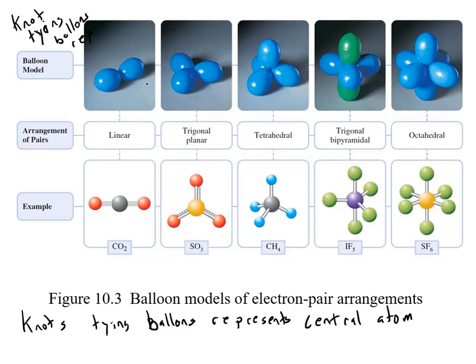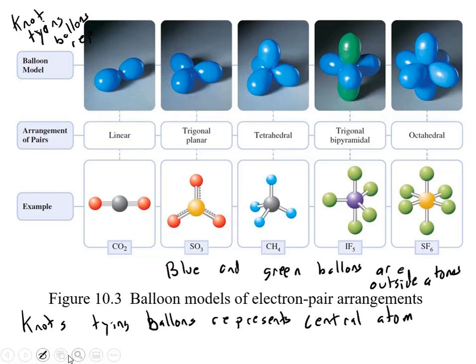The blue and the green balloons are outside atoms. So here I have my center atom and 2 balloons. The example of that is carbon dioxide. Trigonal planar, these are all flat right here, and so I have 3 outside atoms. All of these have 0 lone pairs.